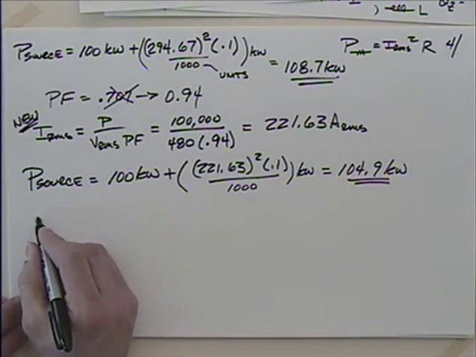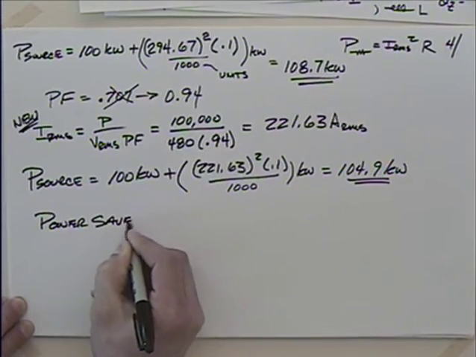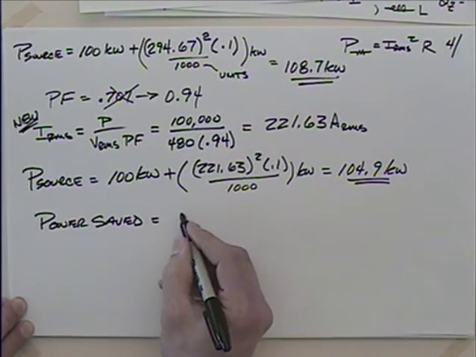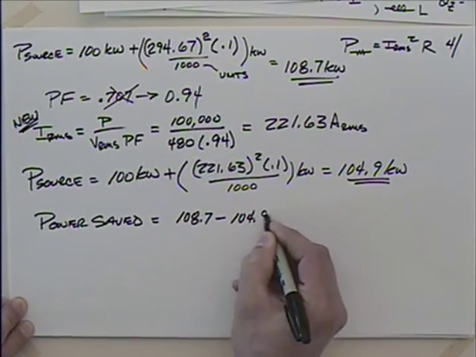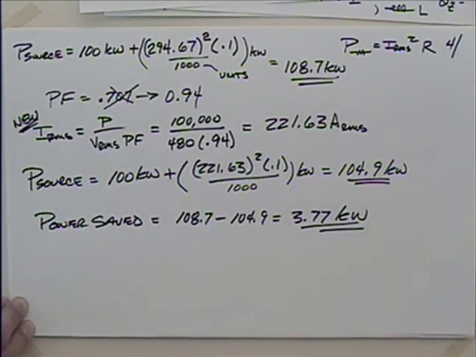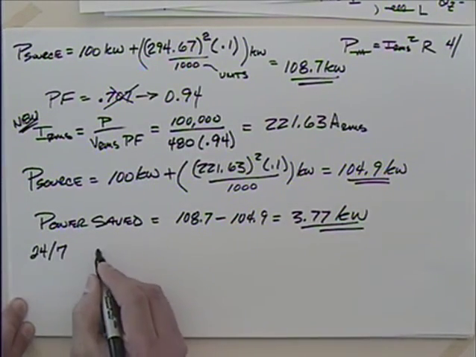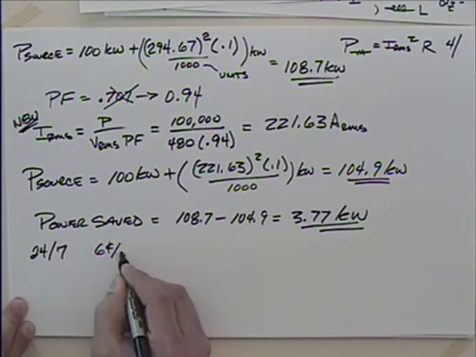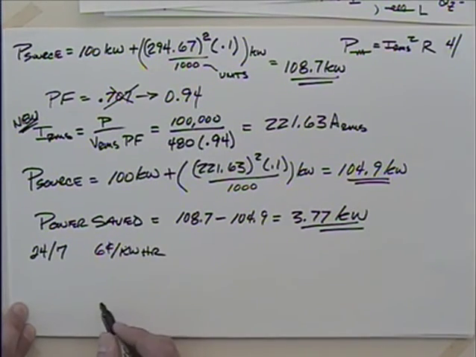If we look at the power saved, we're going to have 108.7 minus 104.9, which gives me 3.77 kilowatts. We'll see how much that is. Let's say that we're running 24/7 and we're at 6 cents per kilowatt hour, which is pretty cheap.